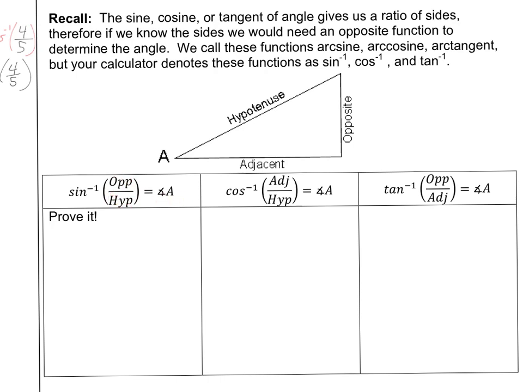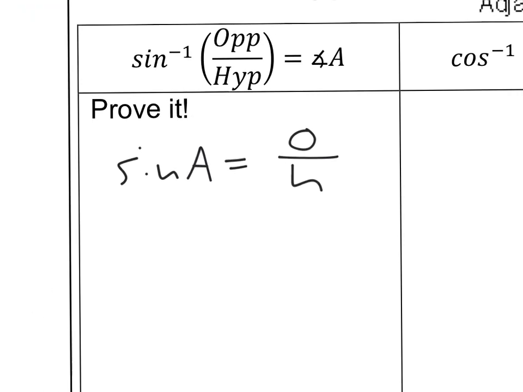Okay, so I said here, prove it. We could do that real quick. I'll do the sine one with you. So remember that the sine of angle A equals the opposite over the hypotenuse. If I wanted to, I could undo the sine function with the arc sine function like I just talked about, and these things would cancel out.